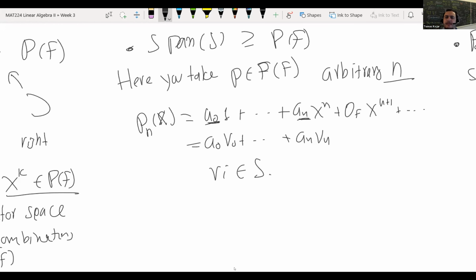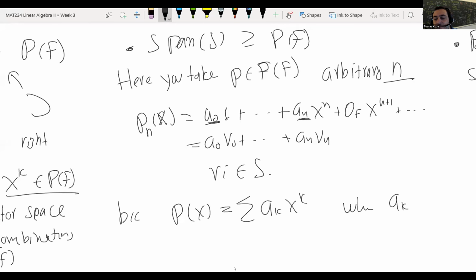You can definitely do it that way, but I don't want people writing infinite series, so that's the thing I wanted to avoid, because P of X, if you write all of them, sum of ak xk, where the ak are infinitely many, might not exist.